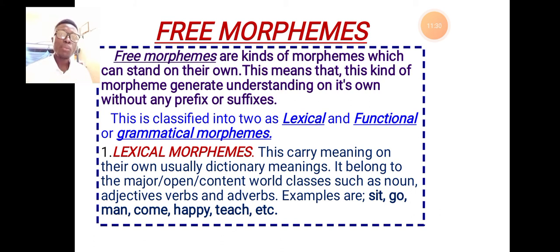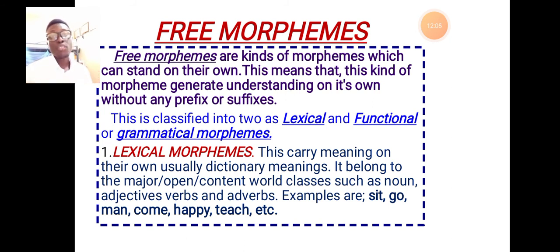Under the free morpheme, we have two classifications, which I'm going to explain. The first one is the lexical morphemes, and the second one is the functional or grammatical morphemes. Now, what are lexical morphemes? They are morphemes that carry meaning on their own. They function the same as their mother, the free morpheme.